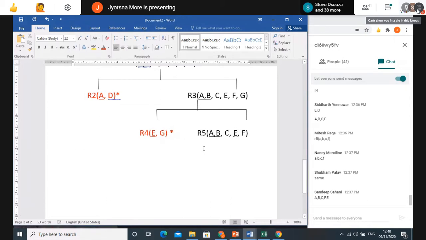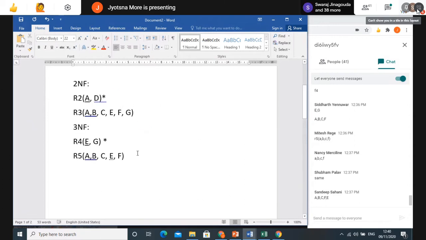Okay. Next, write down BCNF. This part we have not done in our previous example. So we'll go for BCNF now. It is known as Boyce-Codd normal form.